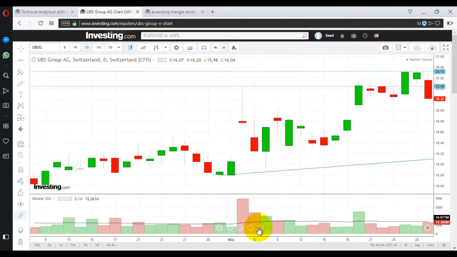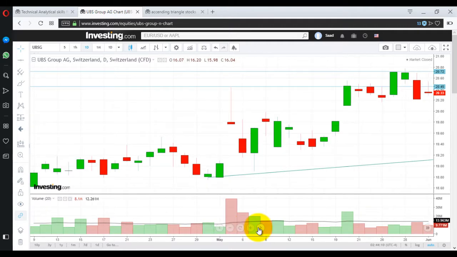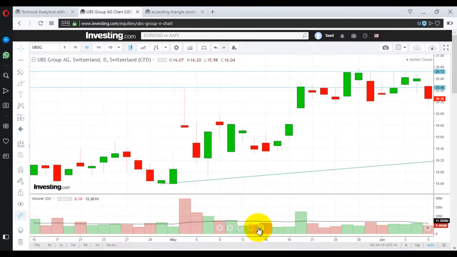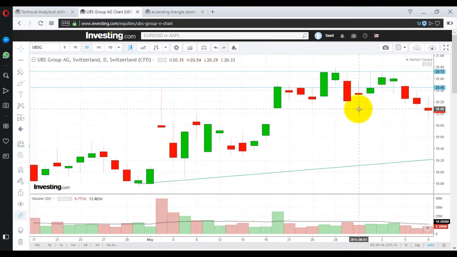So if it does come down, what do you do? What are your tools to understand that, okay, I'm not on the wrong end? First of all, the tool is this low. If it breaks out above, remember the immediate lowest low is this one. If it breaks this low, you should be out of that stock.